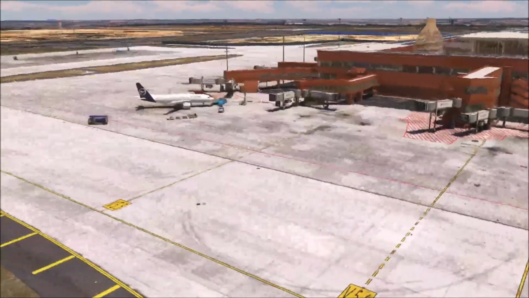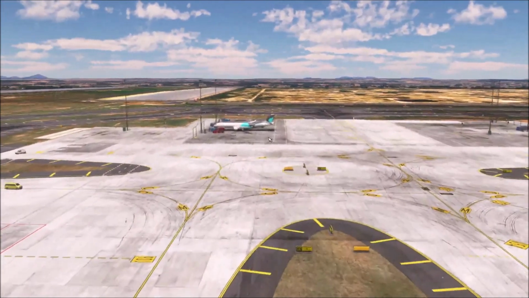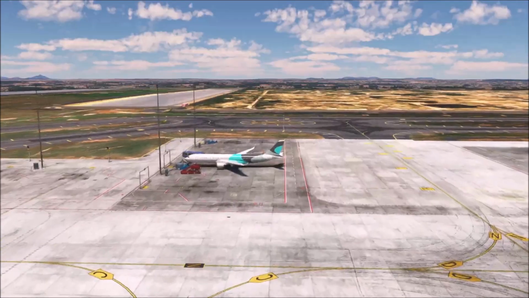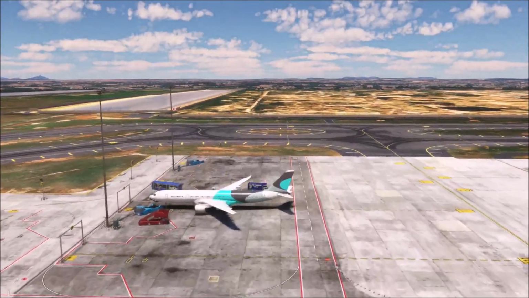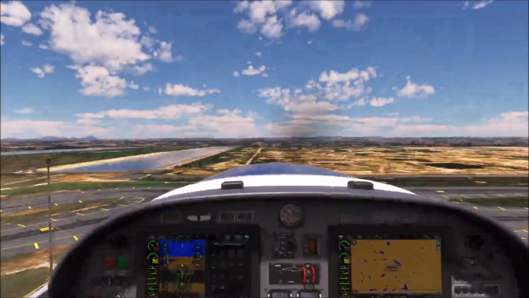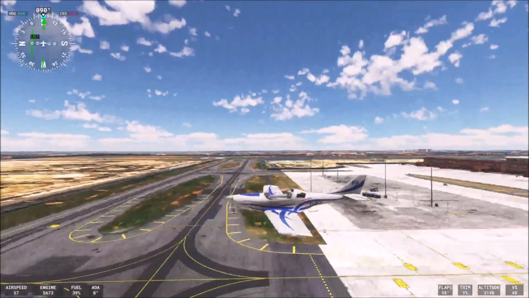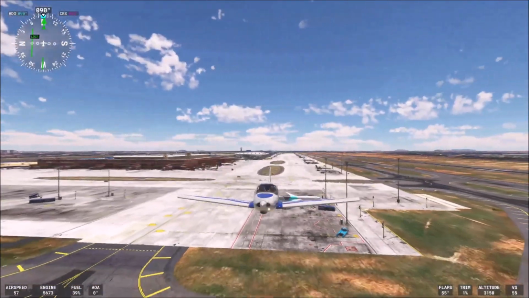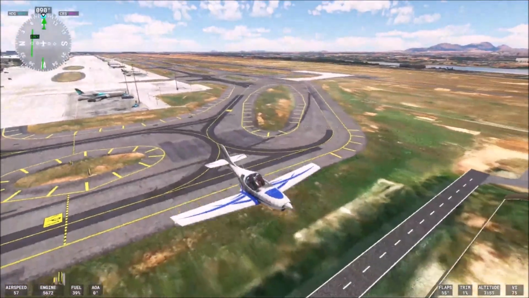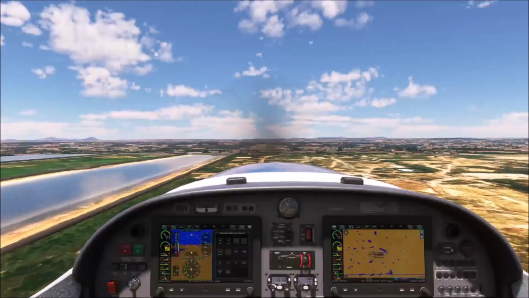There are some runways where the ILS guidance brings us correctly to the runway, and there are other frequencies which are not that good. Now, as you see, for instance, we leave the airport and we will go to land from the other side.